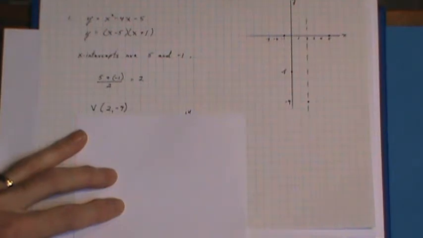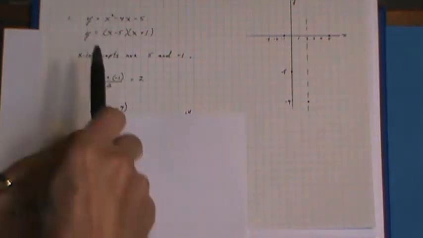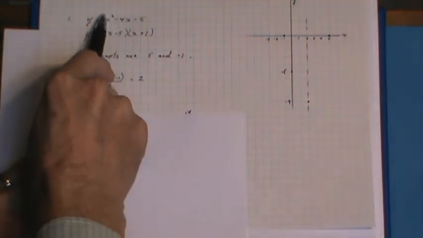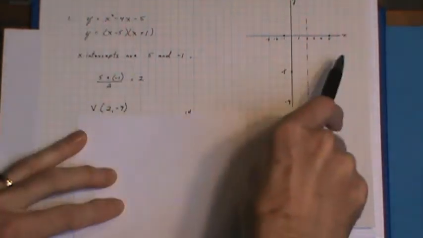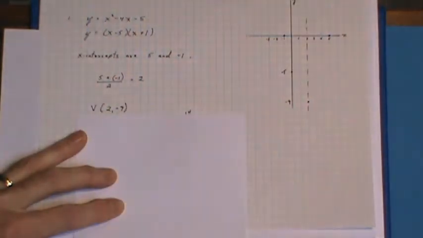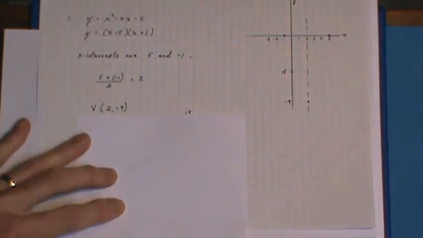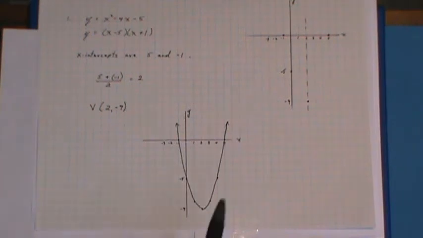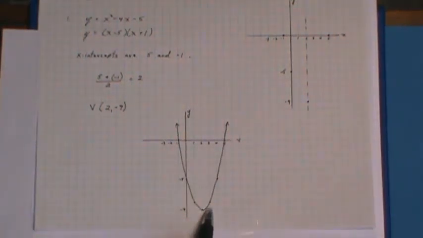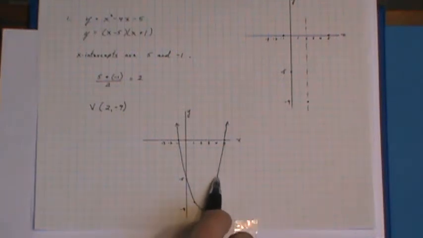The other way you can do that is because the coefficient of the x squared is a 1, this parabola has a normal shape. By normal I mean it's like y equals x squared. Once you find the vertex, if you go over 1, you go up 1. If you go over 2, you go up 2 squared or 4.